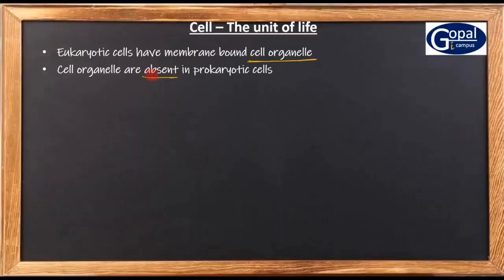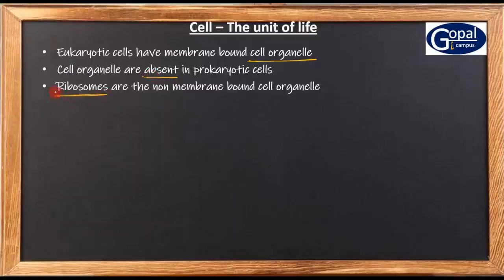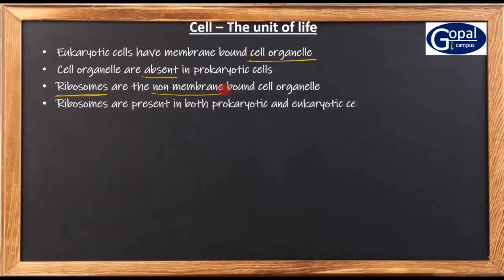But there are some cell organelles which are present in both prokaryotic and eukaryotic cells, and those are the ribosomes. So what are ribosomes? Ribosomes are non-membrane bound cell organelles, and they are present both in prokaryotic cells and eukaryotic cells.